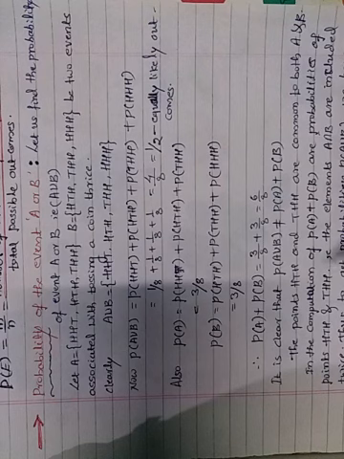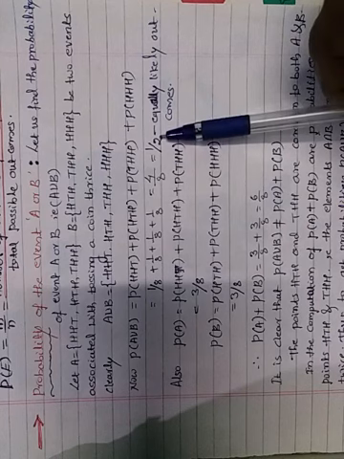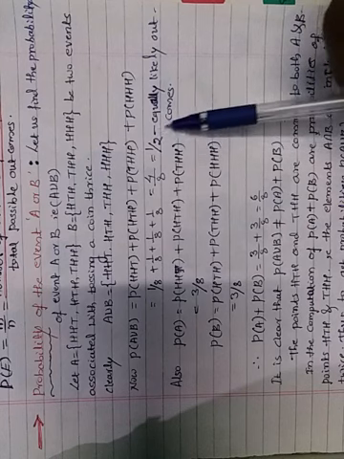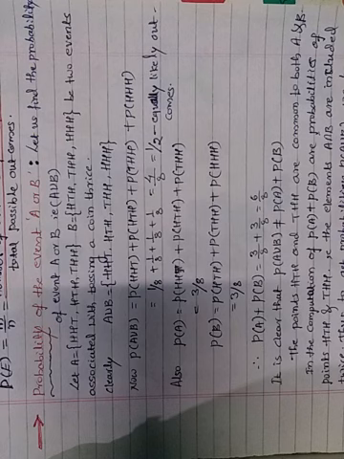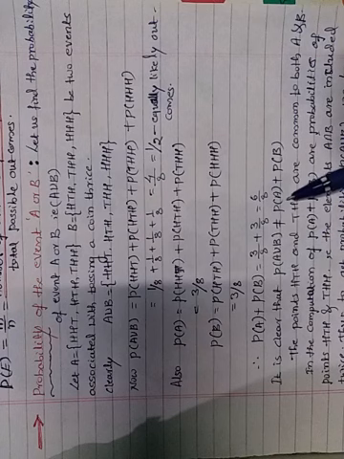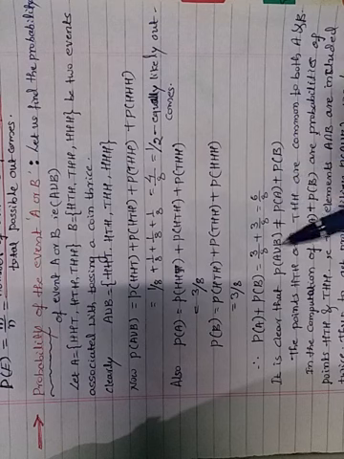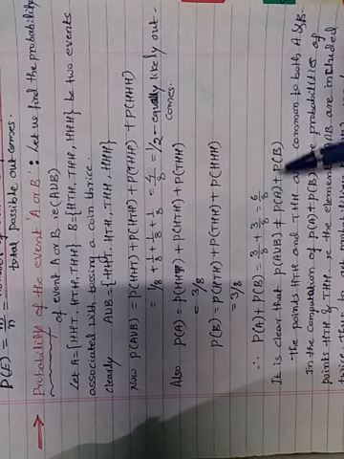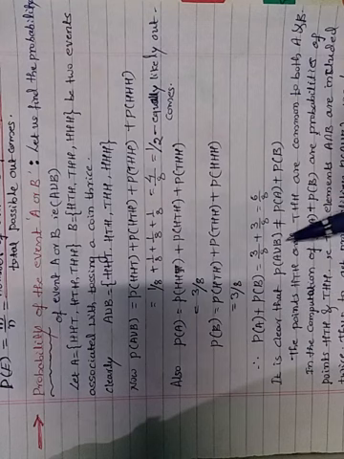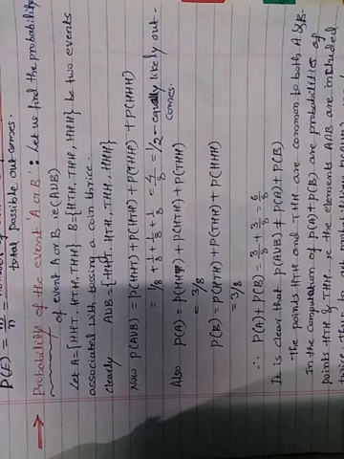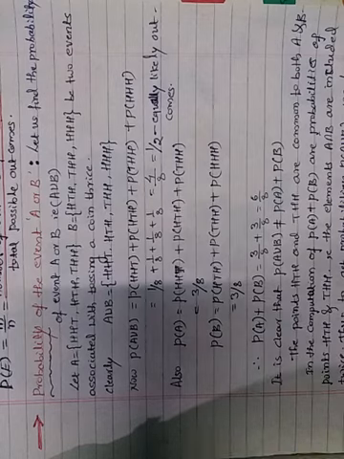From this, it is clear that the probability of A union B gives the value 1 by 2, while the probability of A plus the probability of B gives 6 by 8. So P of A plus P of B is not equal to the probability of A union B. Am I right here? Is it clear? Once again, you recall. Then continue.